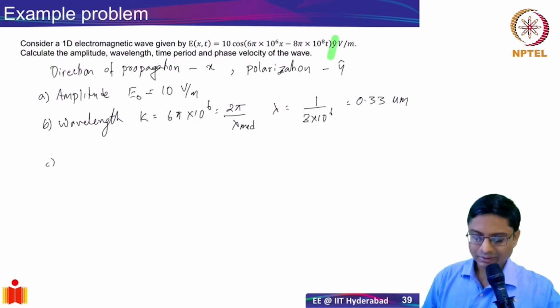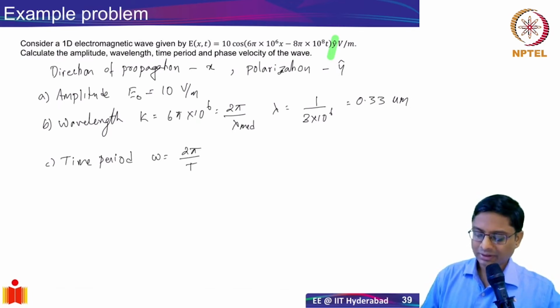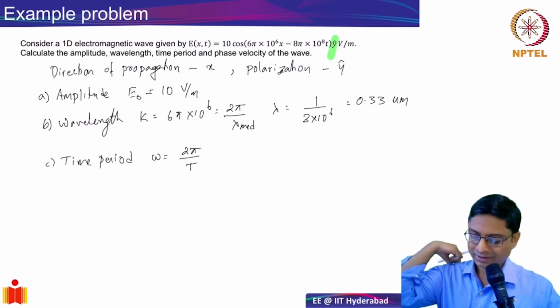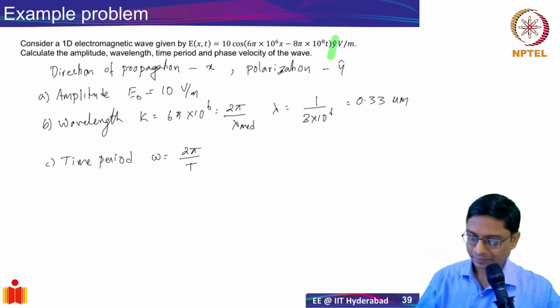And the third thing: what is the time period? The time period of oscillation is of course related to the frequency. We know that the angular frequency omega is 2 pi by the time period. What is my angular frequency here? It is simply the coefficient of t, which is 8 pi into 10 power 8.